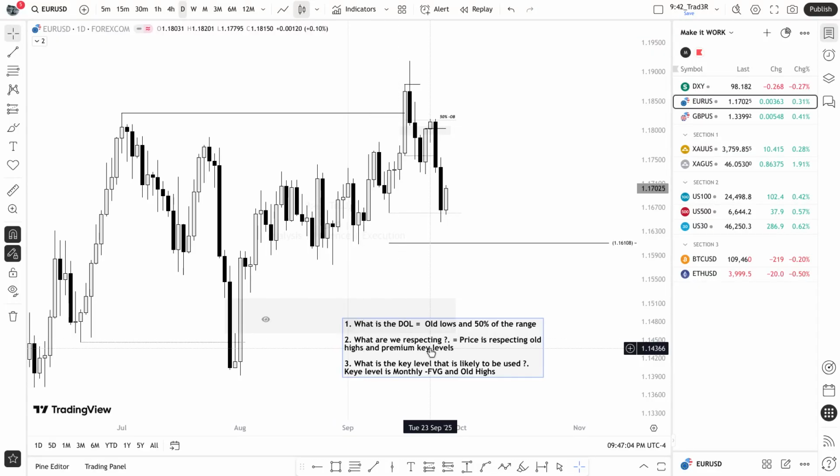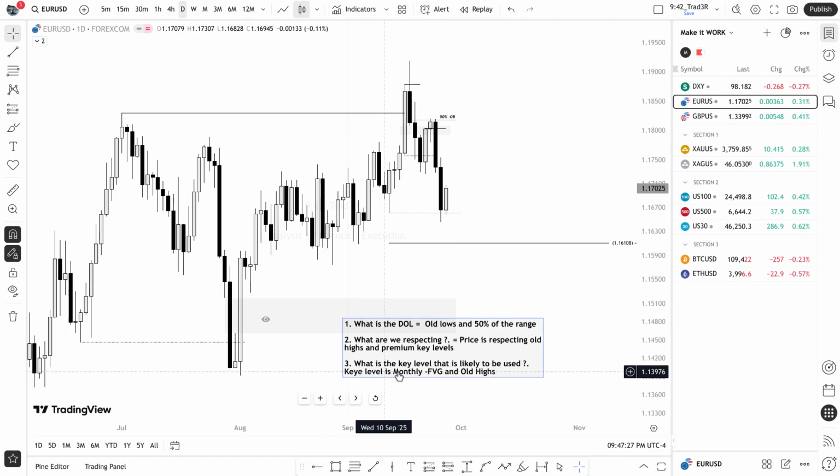So what are we respecting? Again, price is respecting old highs and premium key levels. Now this is old highs, and also this high is in a premium price on the monthly chart, and price is respecting this. So question number 3, what is the key level that is likely to be used?